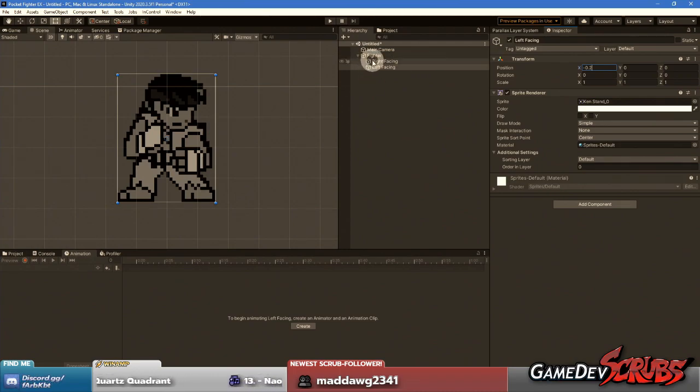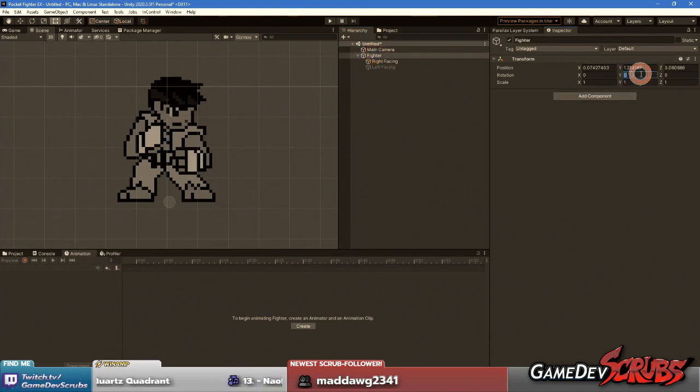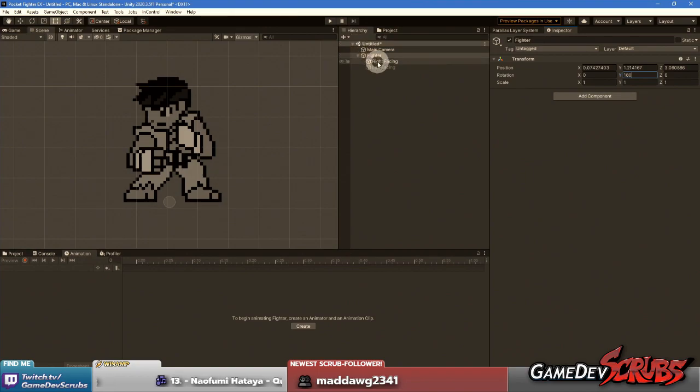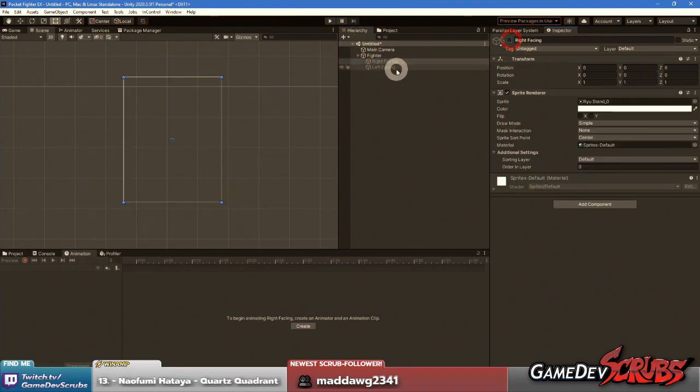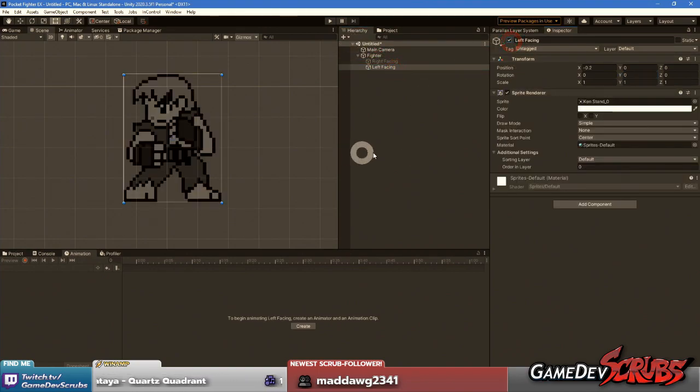So what I would do is animate these both, right? They would both be animated, but you would turn off the object for left facing when they're on the right side. And then when they turned around, you would deactivate the right facing and then activate the left facing sprite.